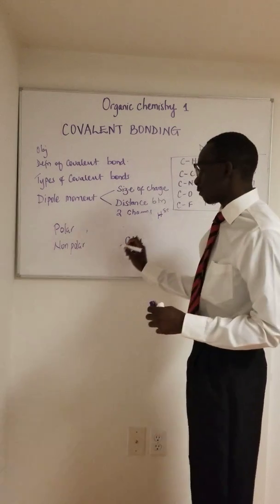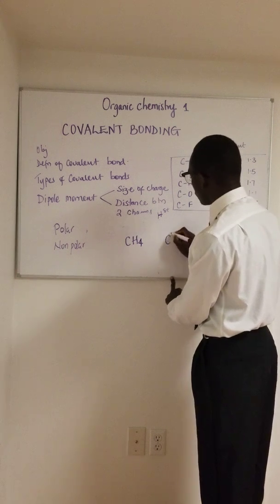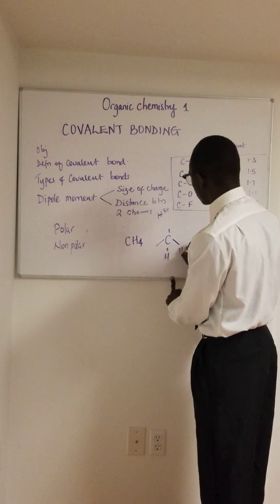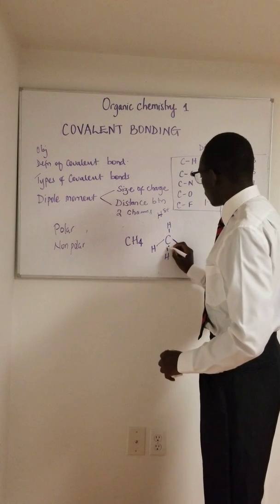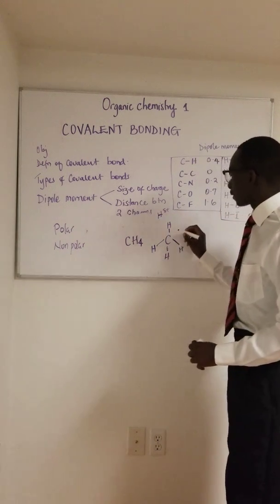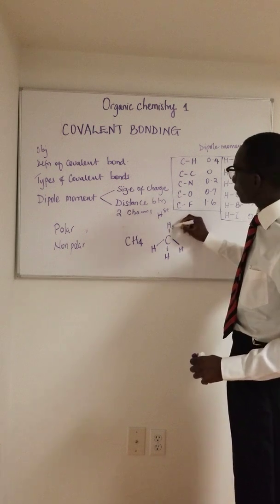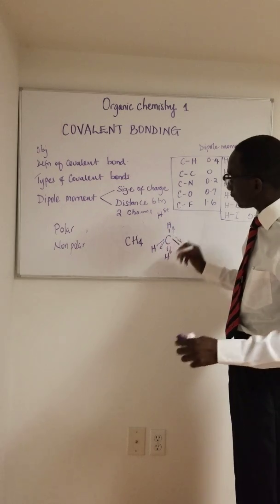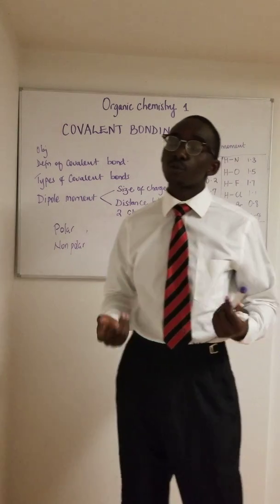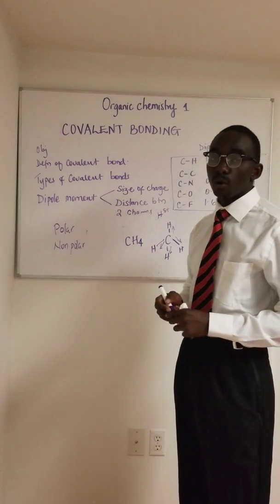Methane is a non-polar molecule, because when I draw the structure, so this is the structure of methane, these hydrogens have the same pull. This hydrogen has the same pull as this and this and this hydrogen. Then in the end, they all cancel out, and you remain with a molecule which is non-polar.